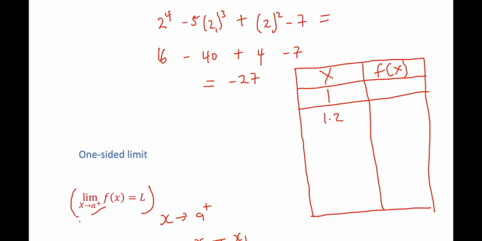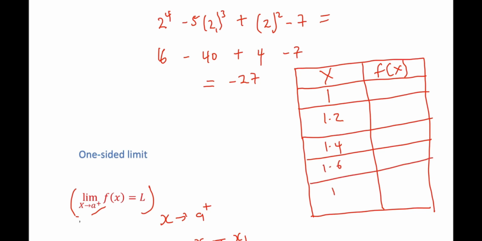I'm also giving the interval 0.2 as usual. 1.2, 1.4, 1.6, right? And then 1.8, and then finally 1.99. Let me add another 9 so that it will be very close to 2 but not equal to 2.